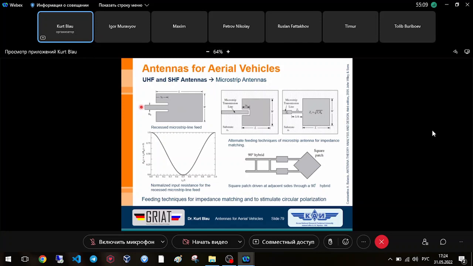That means the power coming from the generator goes completely into the patch, and there's no reflection. It means we have to realize the feeding at the patch element in such a way that it shows 50 ohm. And this is one possibility. In principle, you can say, okay, I come here with the microstrip element and go to the edge of the patch.